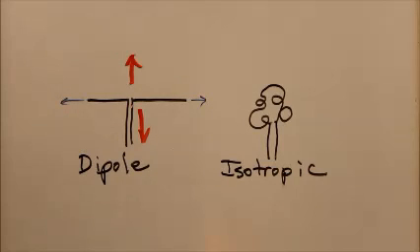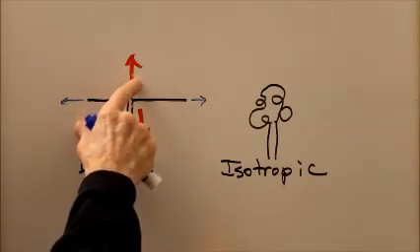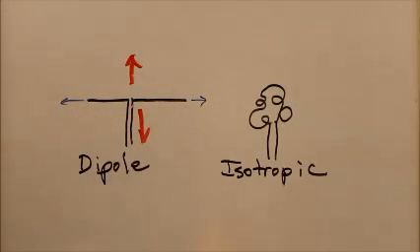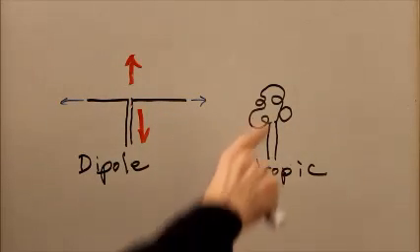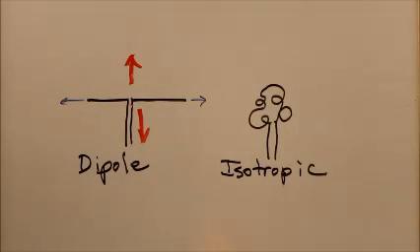But the question asks us, what is the difference in power gain between the dipole in its favored directions compared with the isotropic radiator in any of its directions? How does the isotropic radiator compare with the dipole?